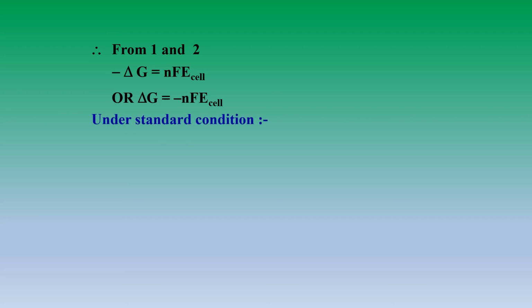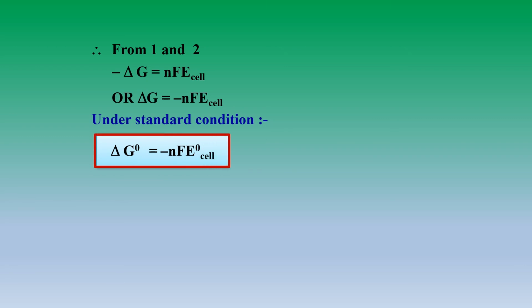Therefore, from 1 and 2, minus delta G is equal to nF E cell, or delta G is equal to minus nF E cell. Under standard conditions, delta G naught is equal to minus nF E naught of cell. This is the equation to calculate the standard Gibbs free energy change.